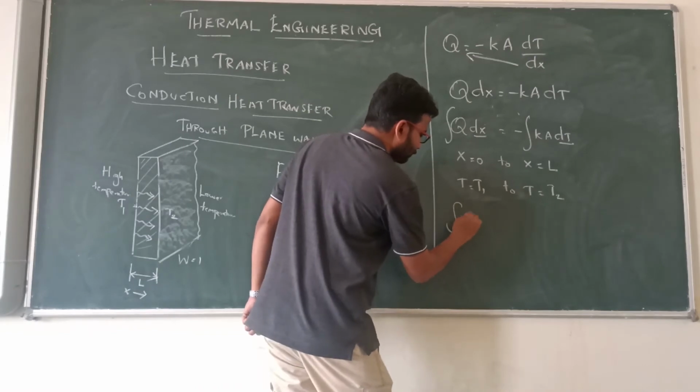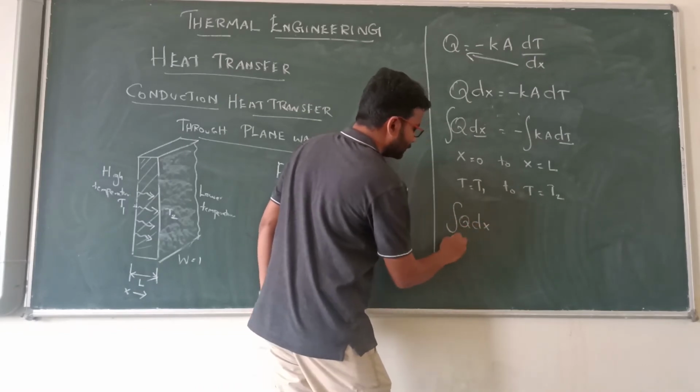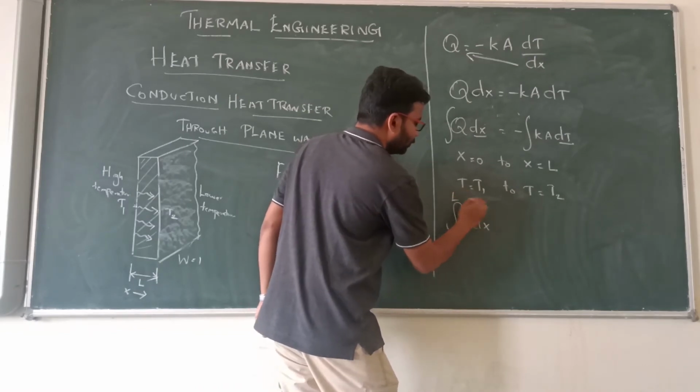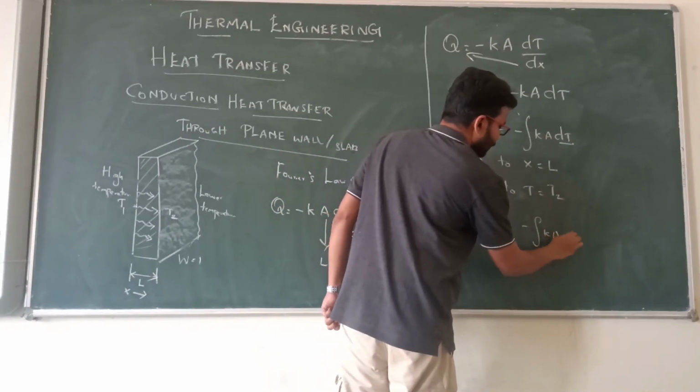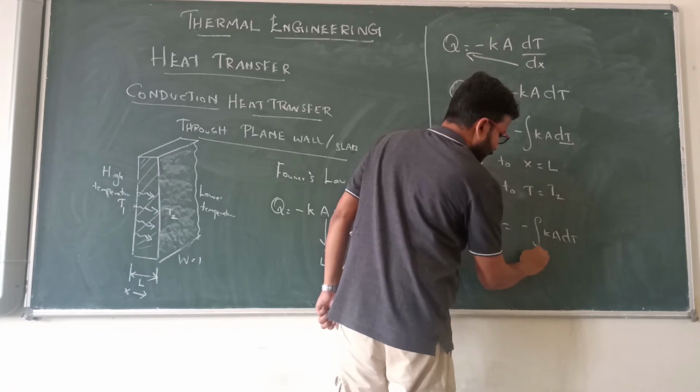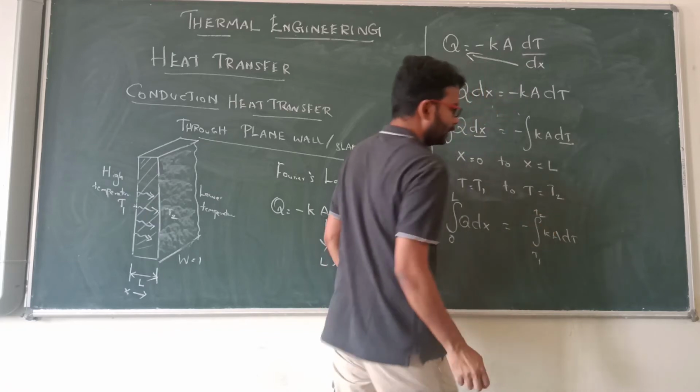So the integration of Q dx from 0 to L is equal to minus the integration of KA dT from T1 to T2.